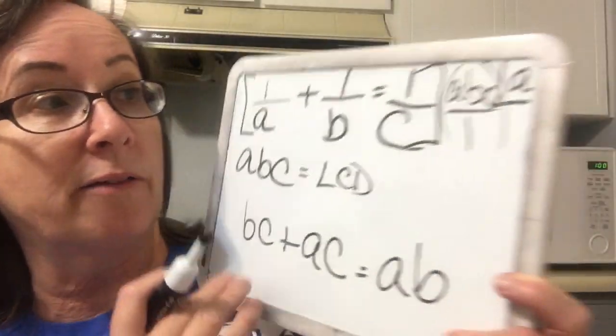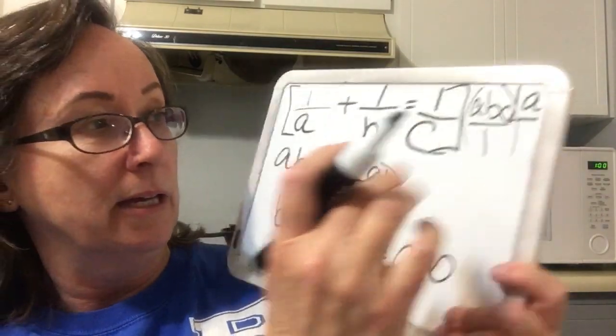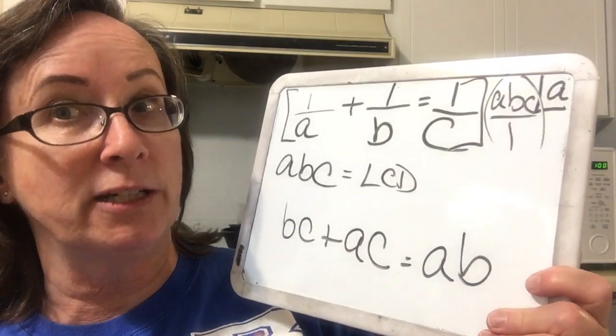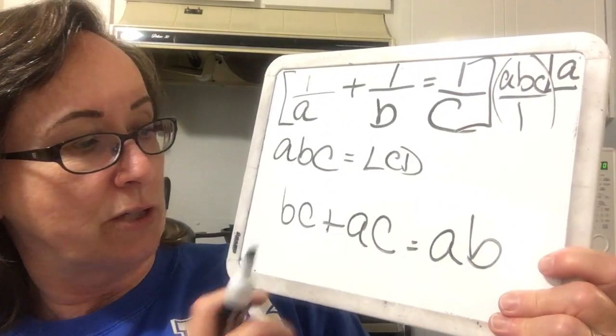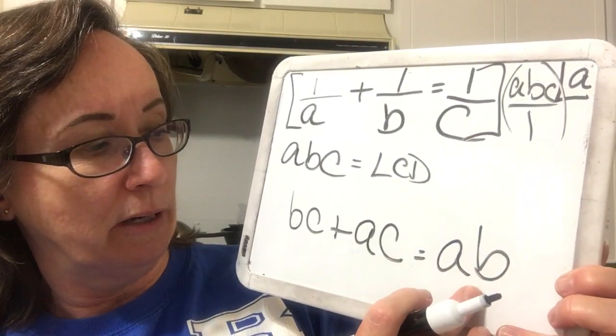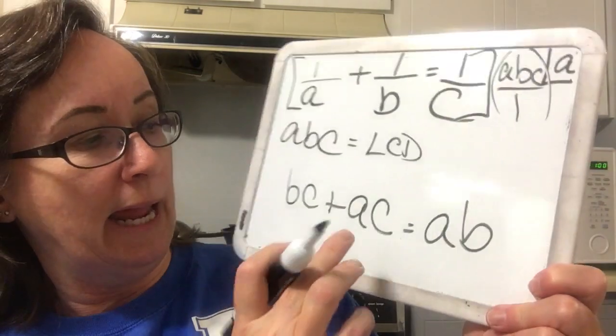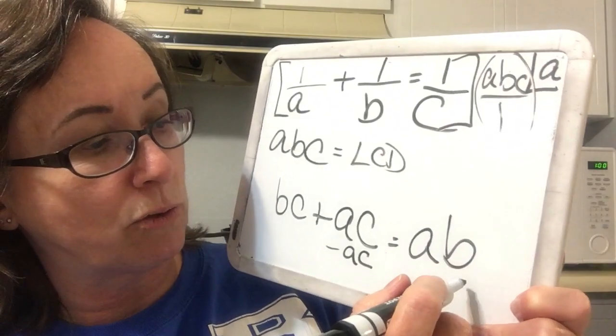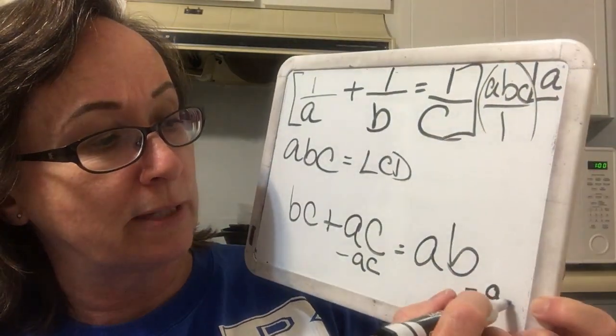I'm still trying to solve for a. Since I'm trying to solve for a, wouldn't it be smart to get all of my a terms on one side? So I've got an a over here. I'm just going to go ahead and subtract an ac from this side and subtract an ac from the other side.